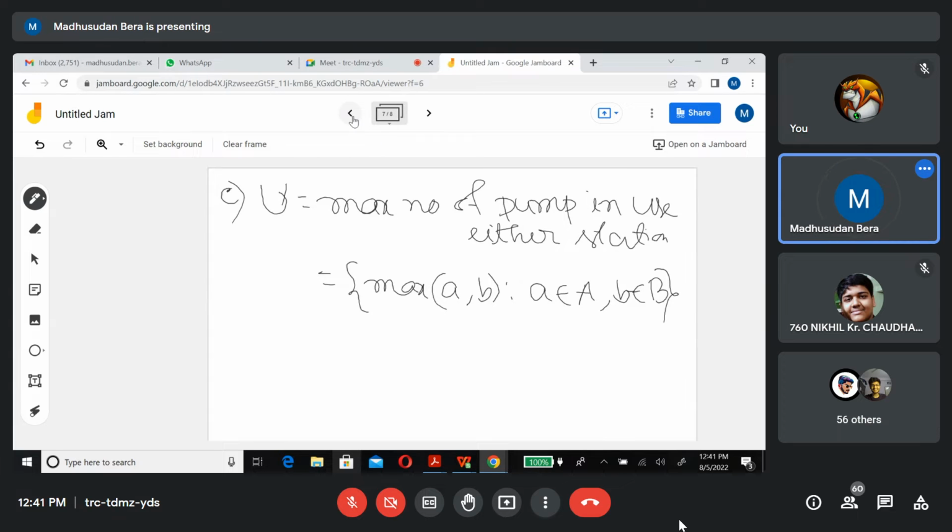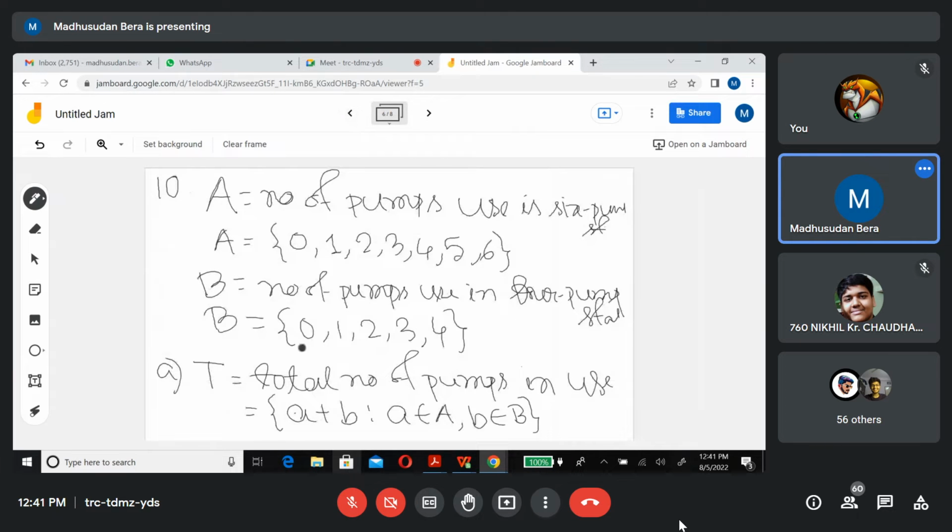Now see here. For 0, 0 the maximum is 0; for 1, 0 the maximum is 1; for 2, 0 it is 2; for 3, 0 it is 3; for 4, 0 it is 4; for 1, 1 it is 1; for 1, 2 it is 2; for 1, 3 it is 3. That way, if we calculate, what will be the minimum value? 0.